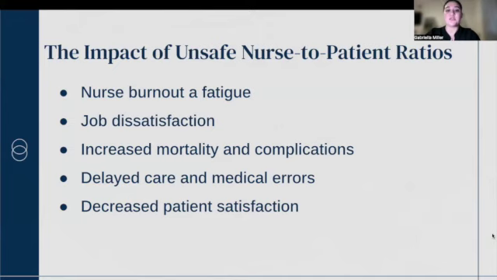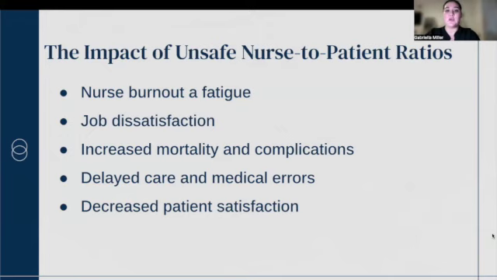Patients in hospitals with higher nurse ratios are more likely to have complications such as infections, prolonged hospital stays, and unplanned readmissions. Poor nurse staffing can lead to delays in care, increased medical errors, thus affecting patient safety.